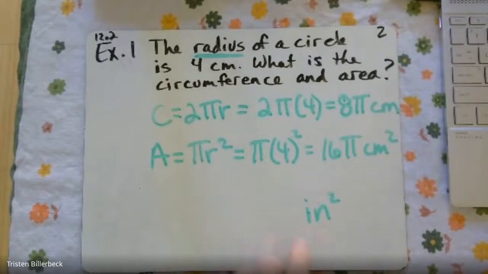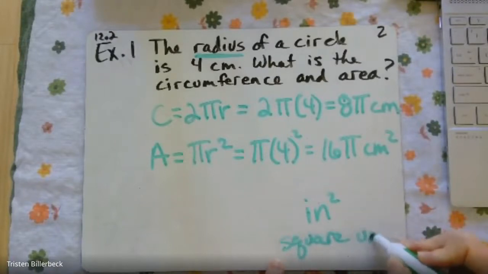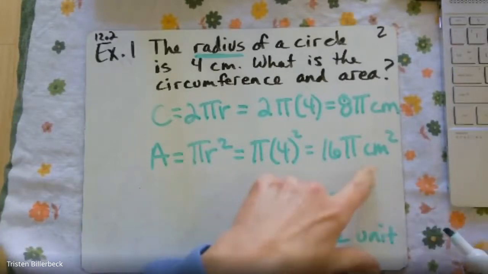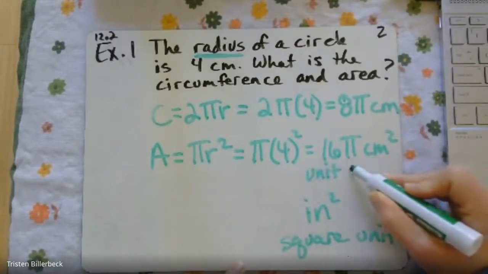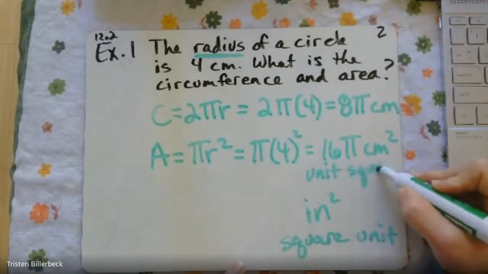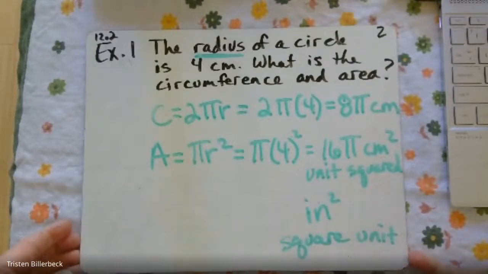So when we're dealing with English units, we usually say square and then the unit. But when we talk about metric units, we usually say the unit first and then squared. Okay, so just a little tidbit there.